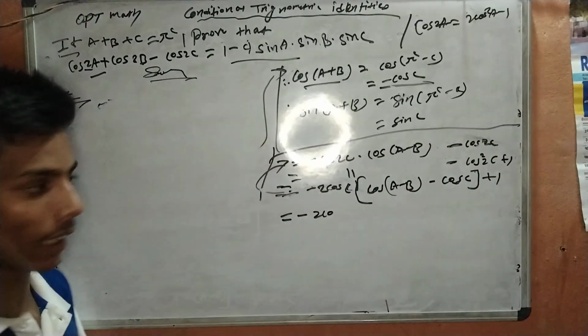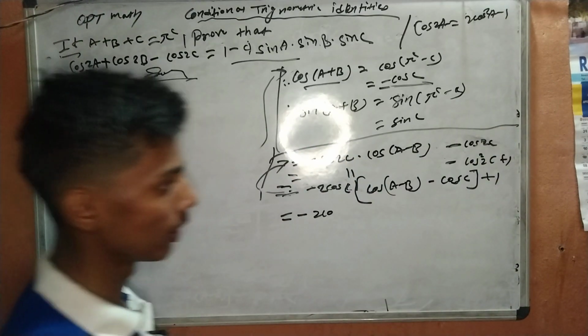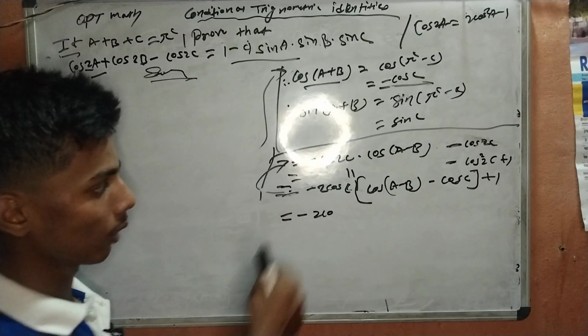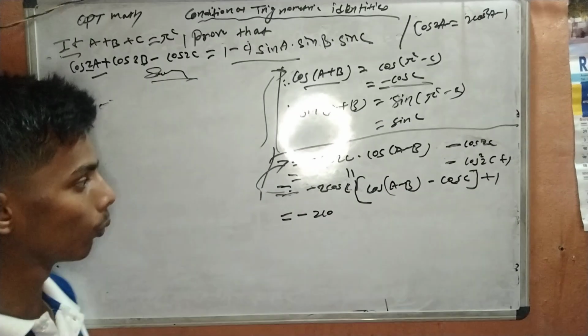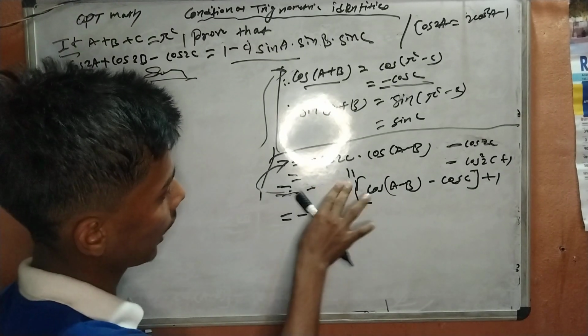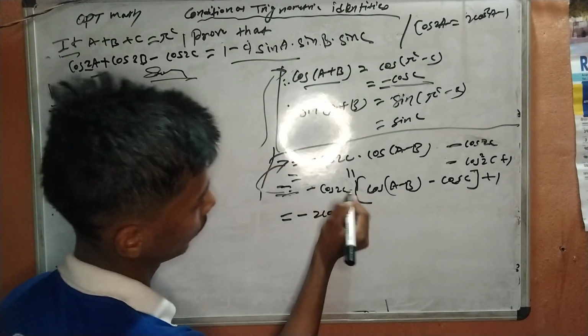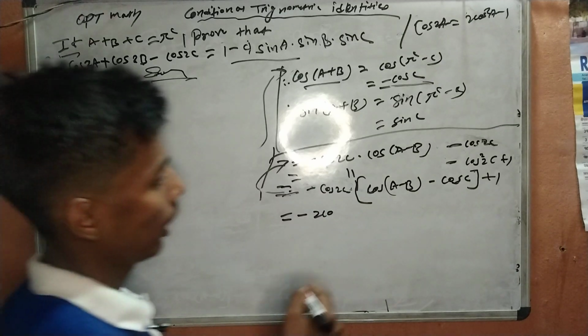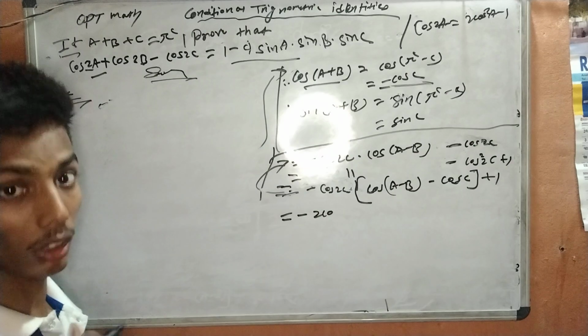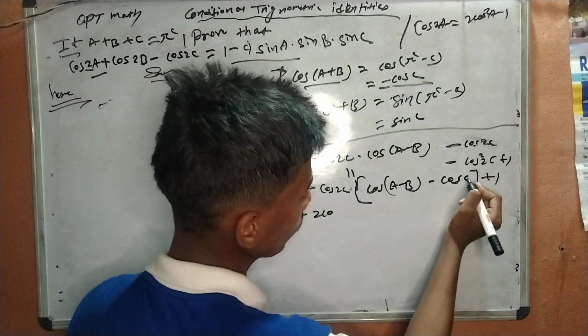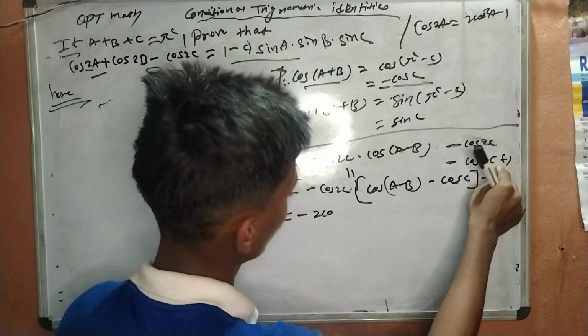When I take cos C common, I took 1 cos 2C, and here I left 1 cos 2C.